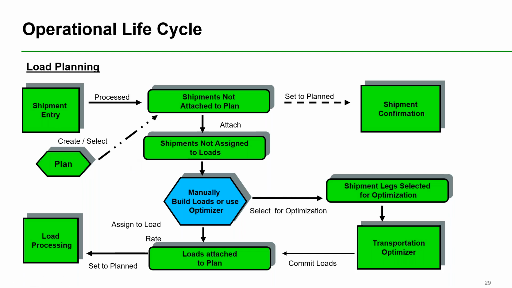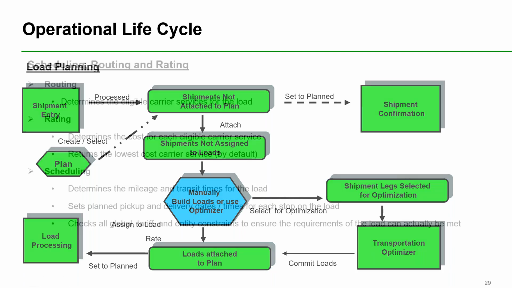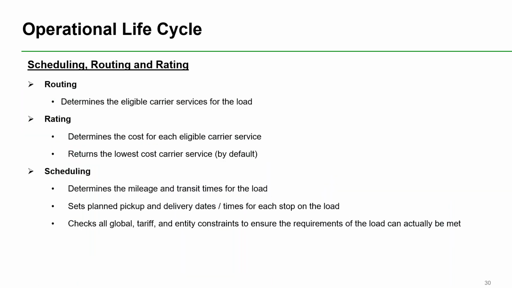Until manually building loads, we are fine. You select the shipments for optimization and it is done automatically. Don't worry, right now it is a little difficult, but once I show it in the application it is easy to catch up because you will be doing all the steps.